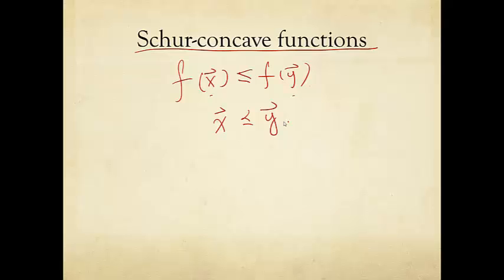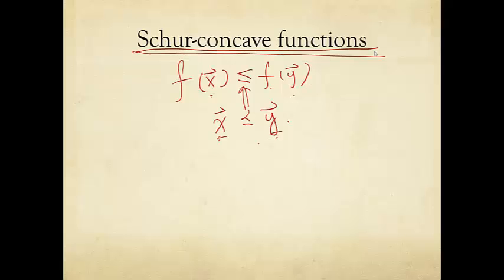In other words, while two vectors have a majorization relationship, say y majorizes x, then it implies that this function must return a bigger value if the argument is y compared to when the argument is x. If a function satisfies this relationship for any x, y pair, then we say this function is Schur concave.